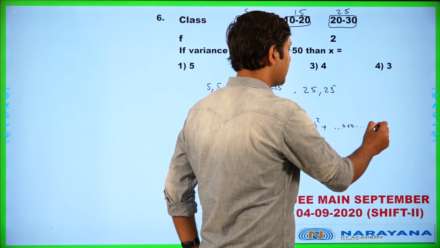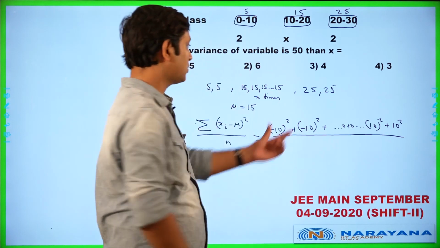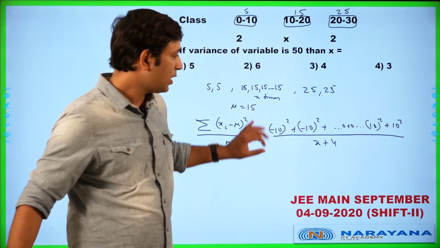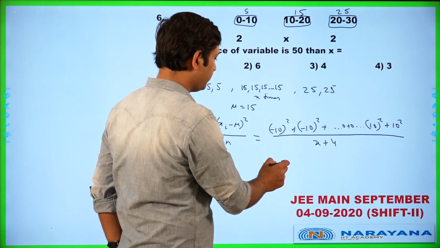Then we have 10 whole square plus 10 whole square for these two observations, and n is x plus 4. And all this is given to be equal to 50.